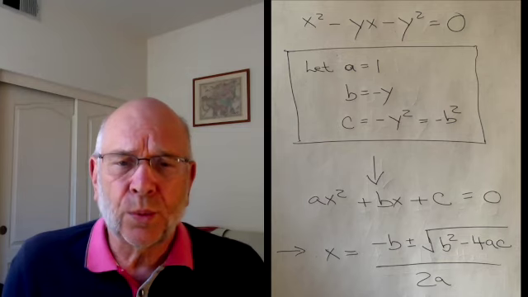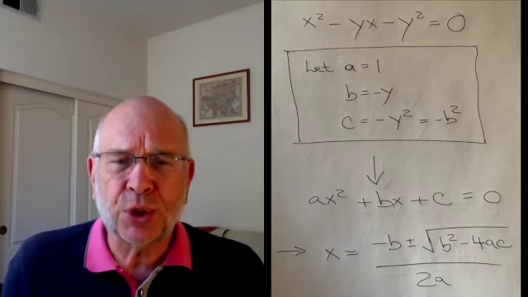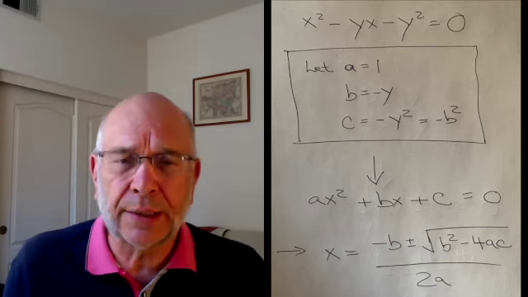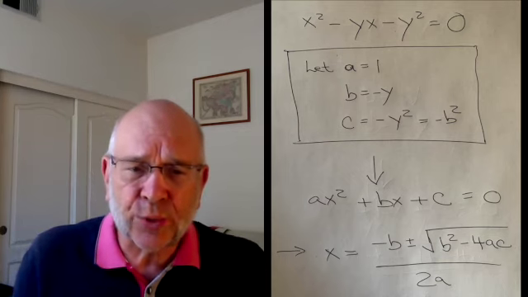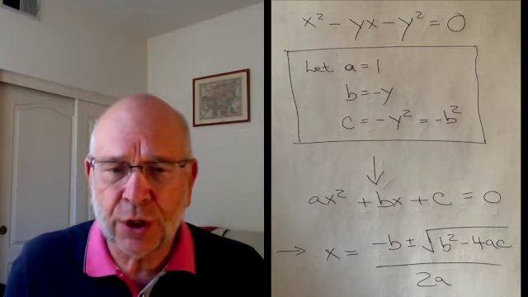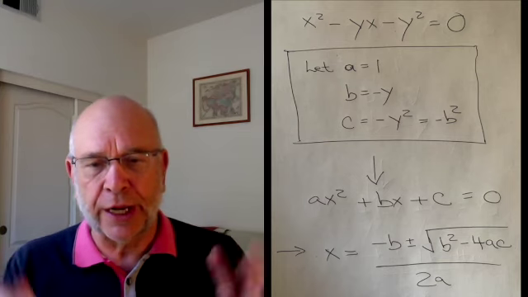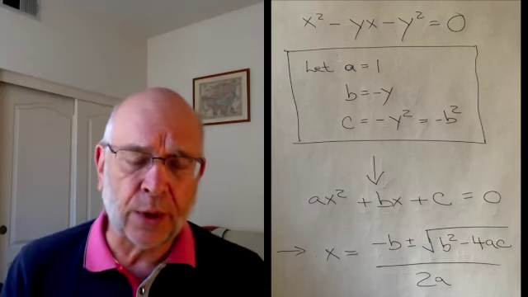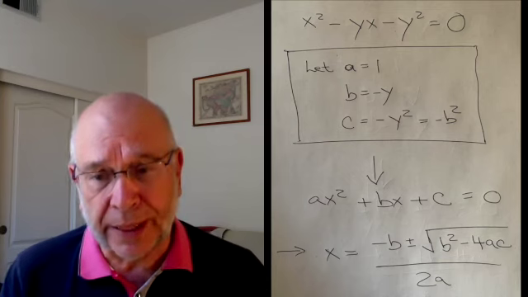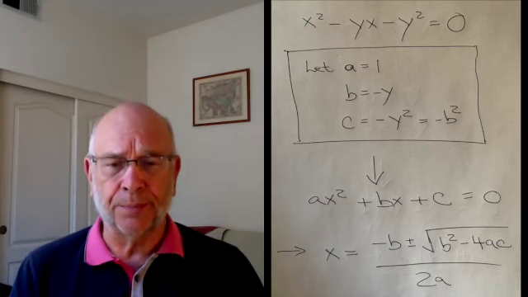If we make this substitution, we can re-express this quadratic equation in the standardized form of the quadratic equation, ax squared plus bx plus c equals 0.